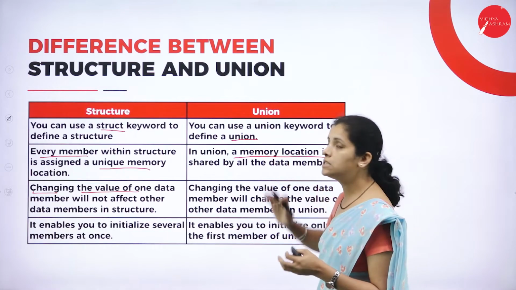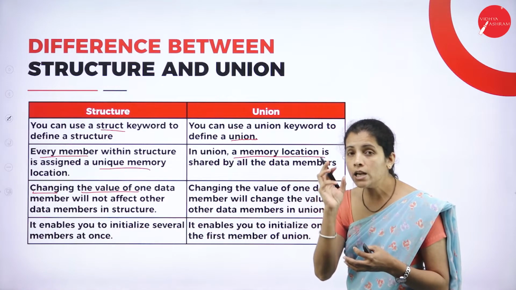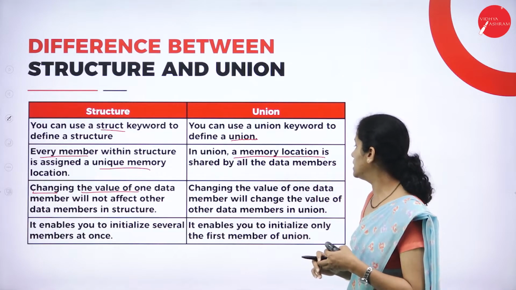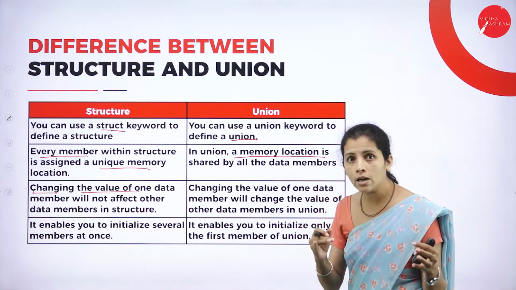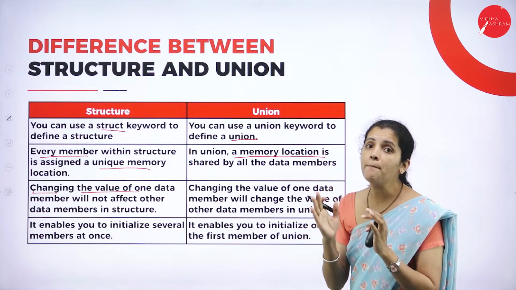But in a union, if I make any change in one data member, it is reflected in the other data members, because all the data members share the same memory.